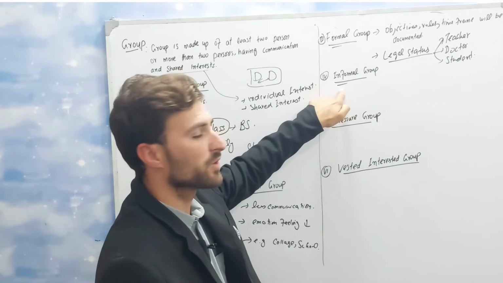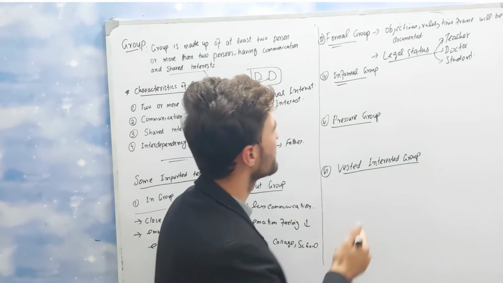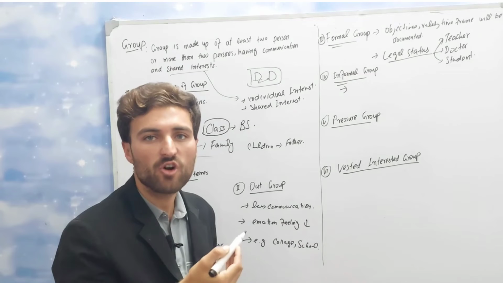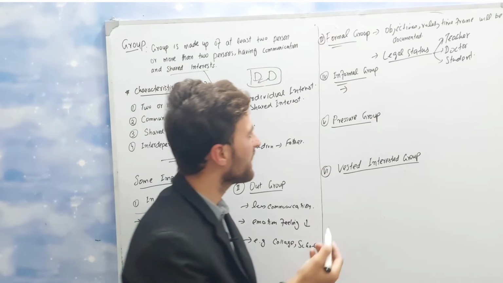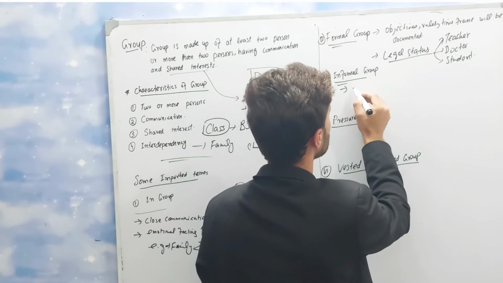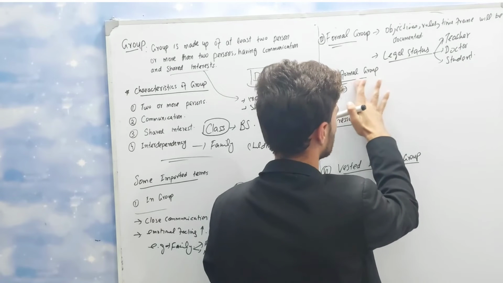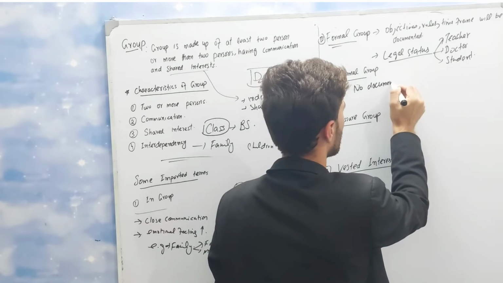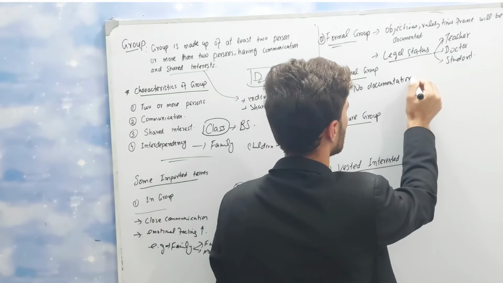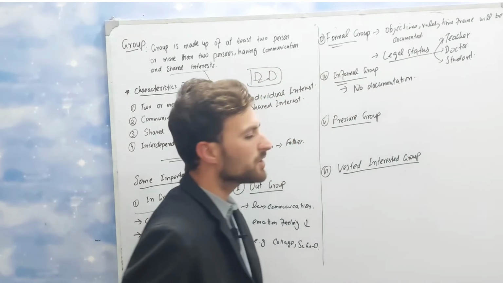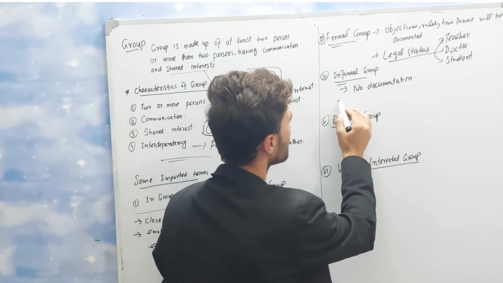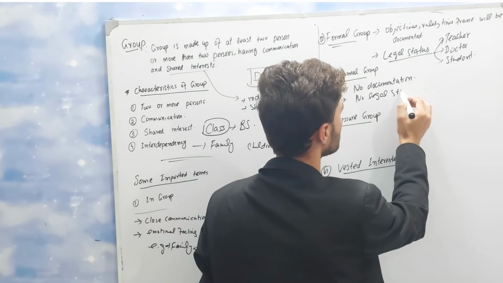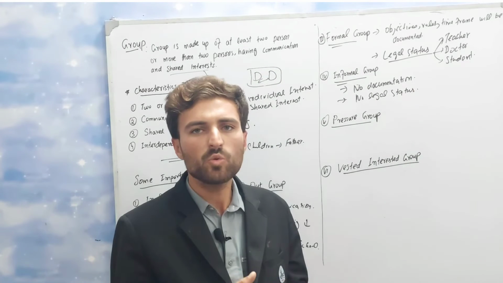Now let's proceed to the informal group. Informal is that kind of group which does not have formalities. In simple words, there is no concept of documentation. The second point, no legal status. What does it mean?